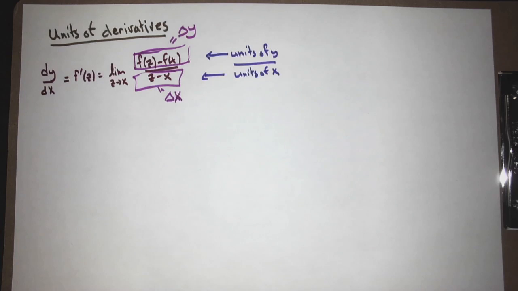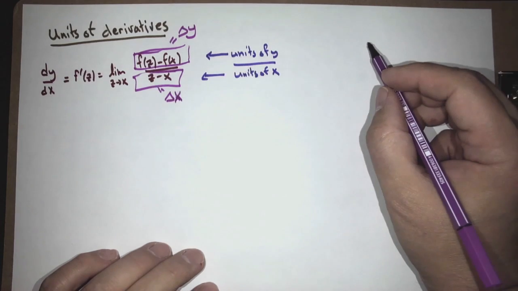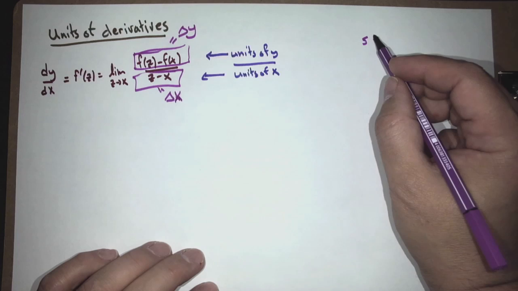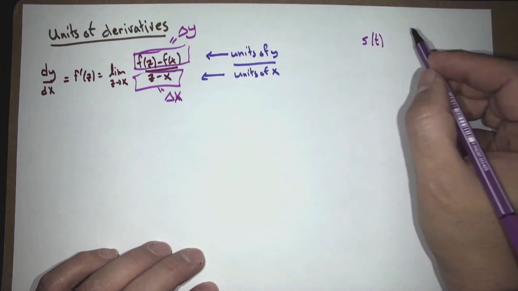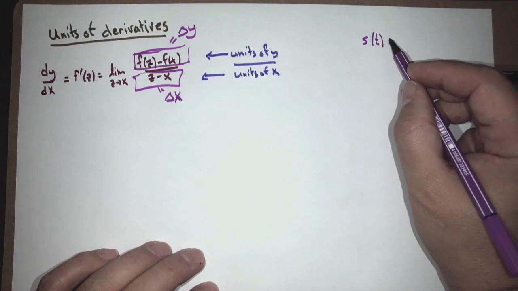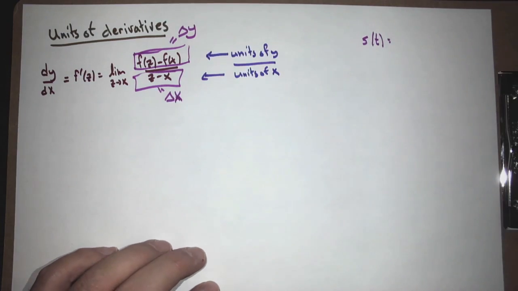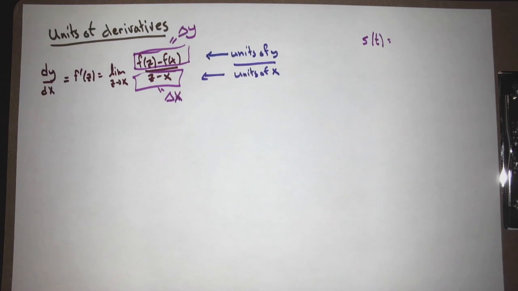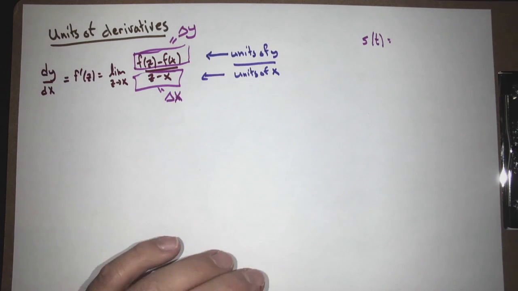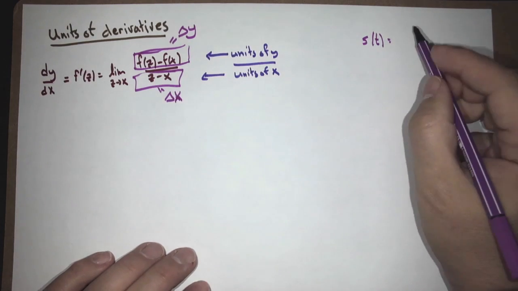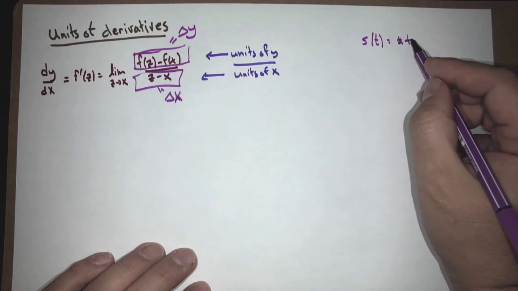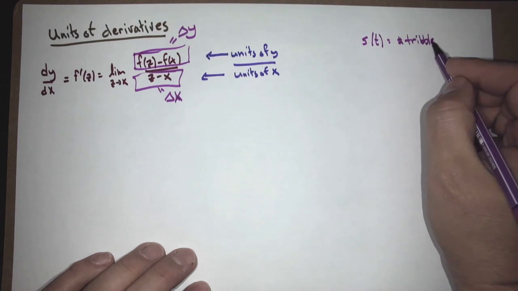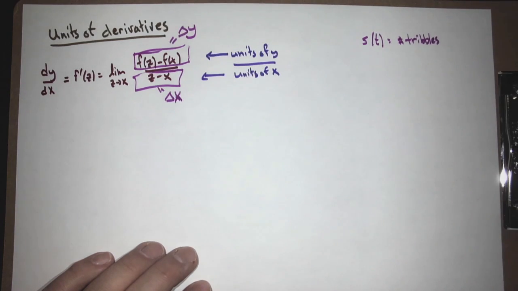So if you have a function, and you can make up anything, like s of t, what's something you might want to measure? We can make up a word. We could say the number of tribbles. You can get a lot of troubles with tribbles.